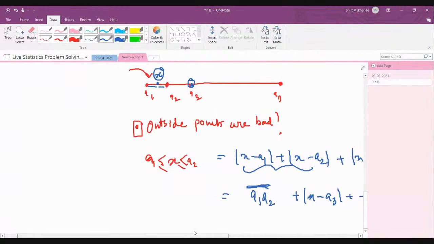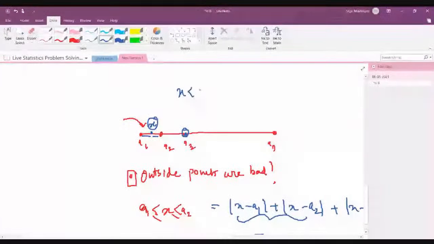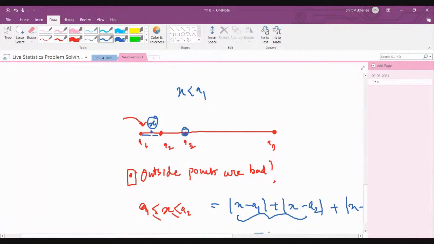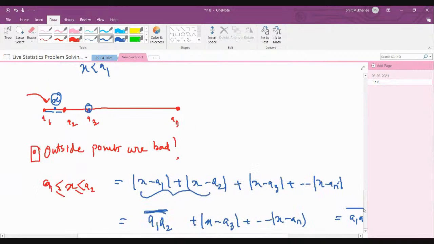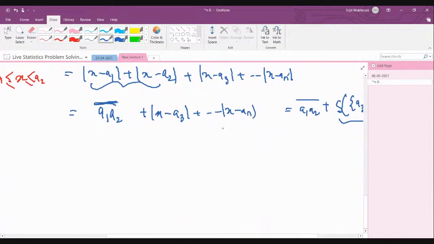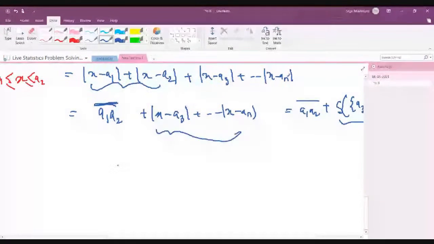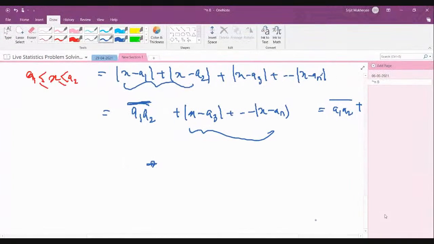So from the first case, you have got that x must be less than a1; outside points are bad. Now understand that if we remove a1, the sum will be essentially the same. We need to minimize this now with respect to x.